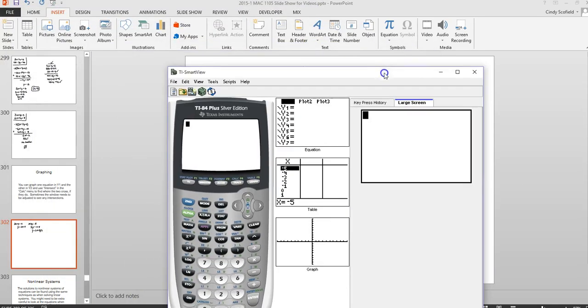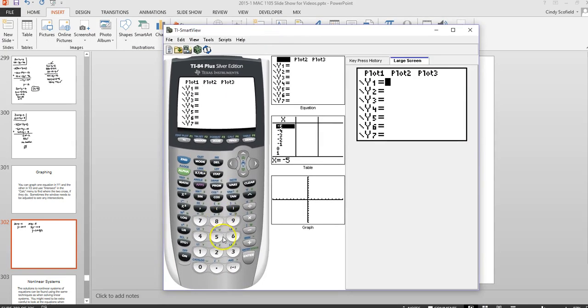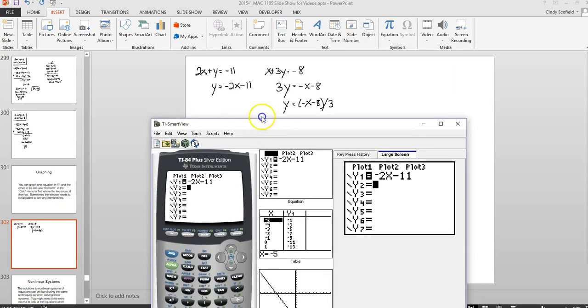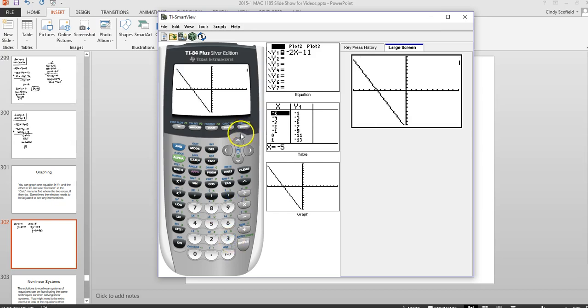So y1 equals negative 2x minus 11. And then for y2, I'm going to put negative x minus 8 divided by 3. And then hit graph.